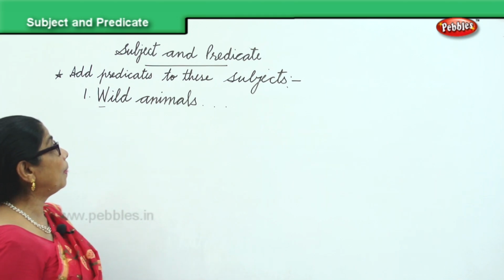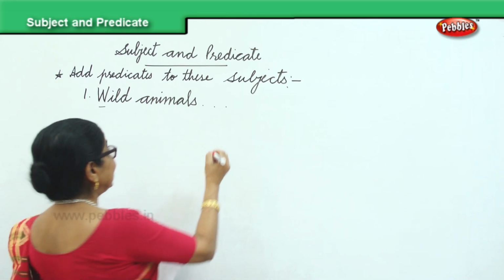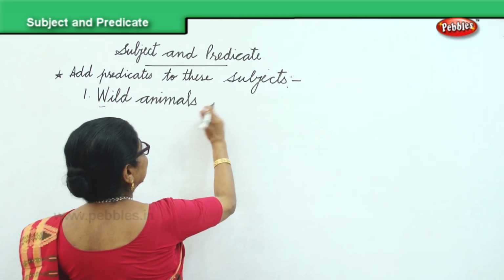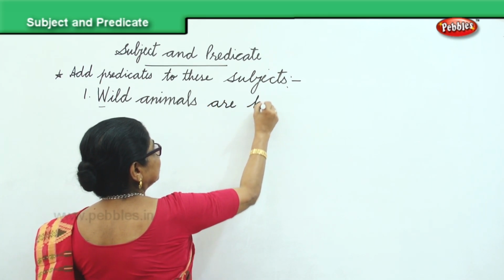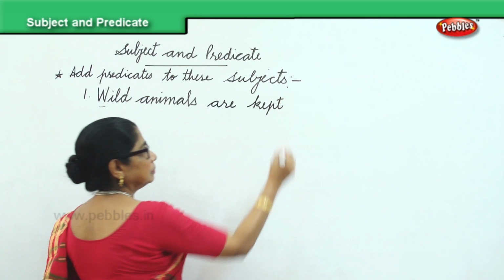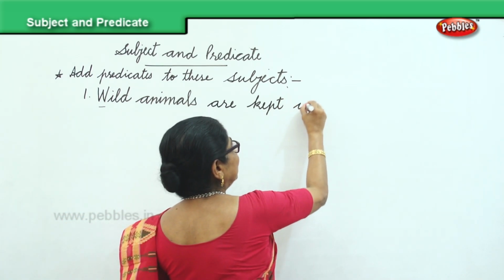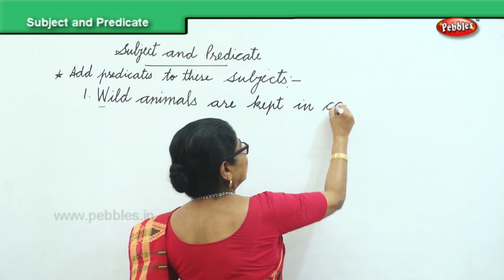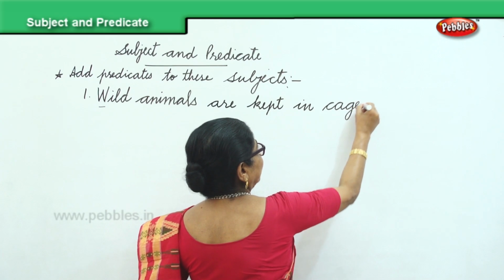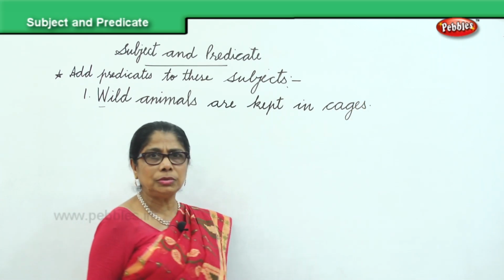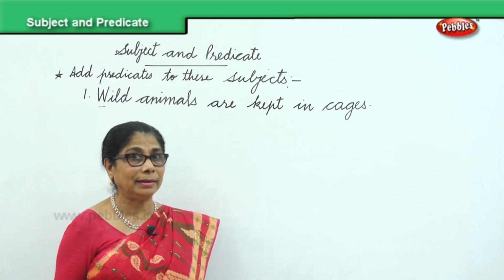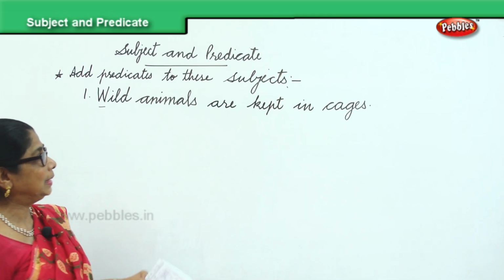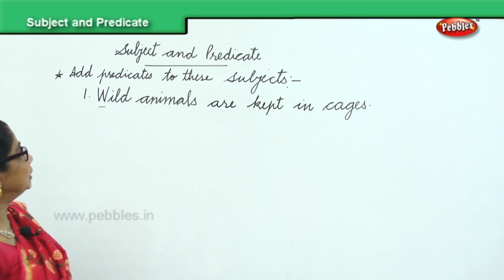Now what can we say? Wild animals, we can say, are kept, okay, tell me, are kept in, very good, cages. Even in the big zoos, big places, they have an enclosure, but they are protected. They maybe have space, but some places they are kept in cages.